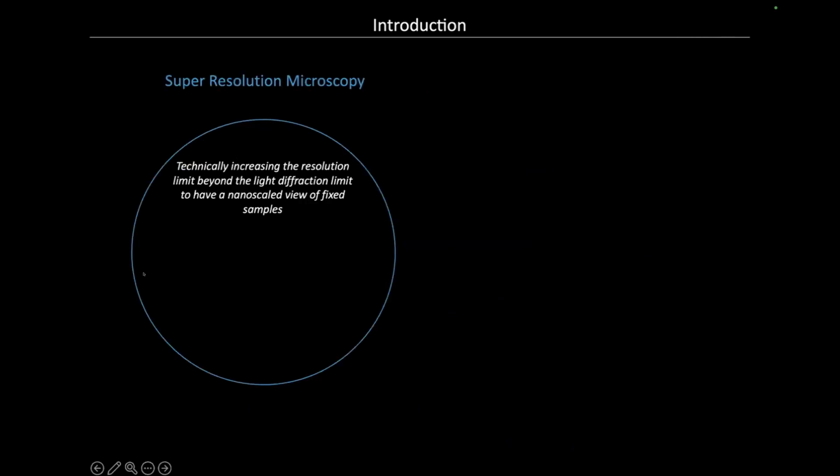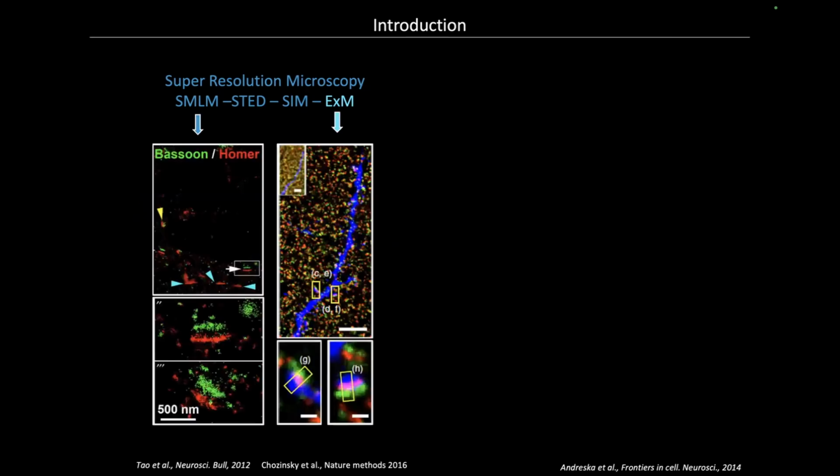So this super resolution microscopy class, you probably all know, the idea is to technically increase the resolution limit beyond light diffraction to have a nanoscale view of the sample. We can name many of these techniques, STORM, STED, SIM, and I think it is now quite accepted, since a couple of years, that expansion microscopy can be included in this family.